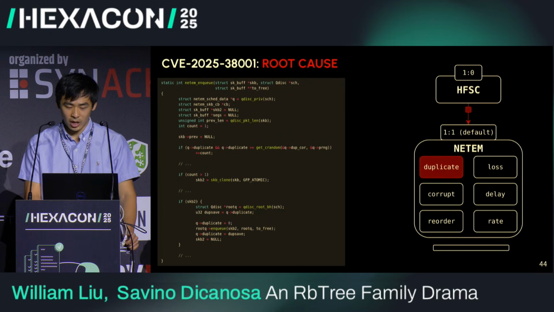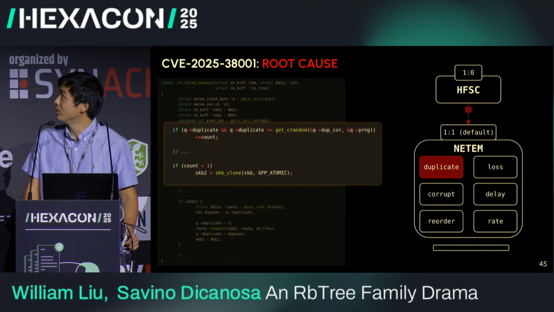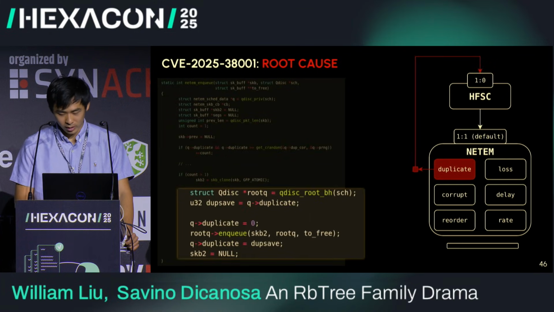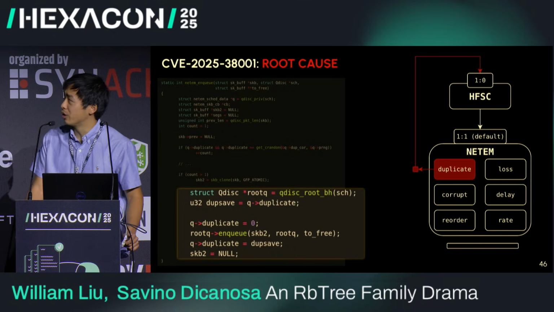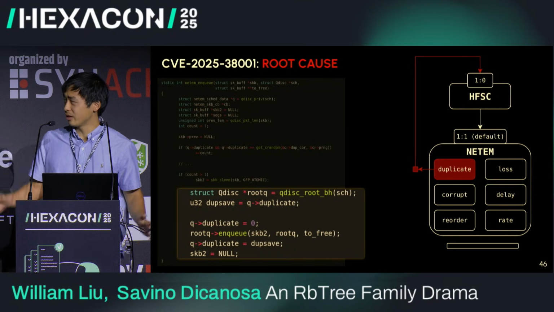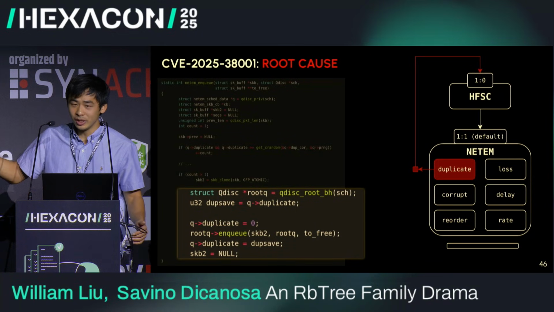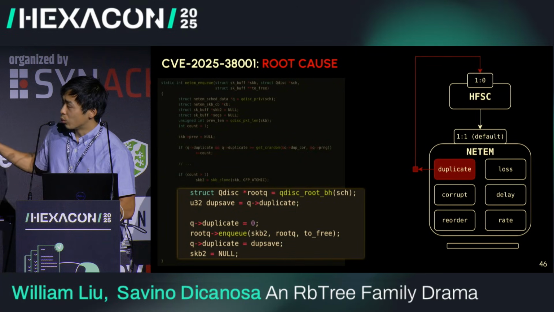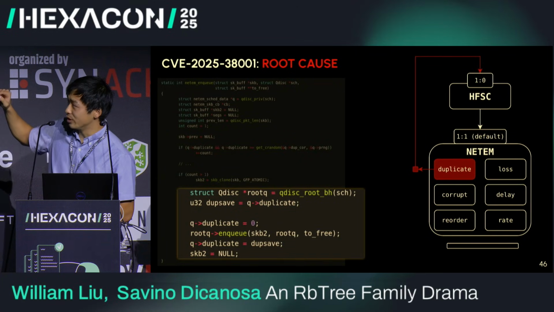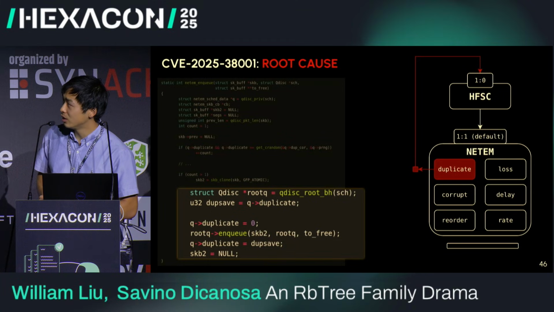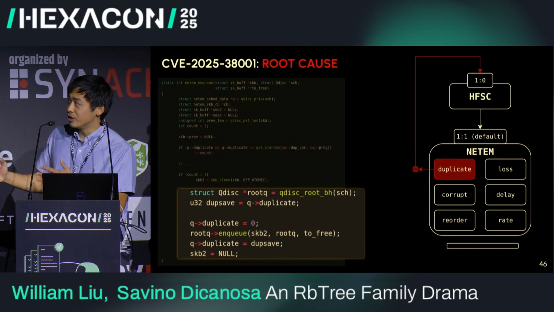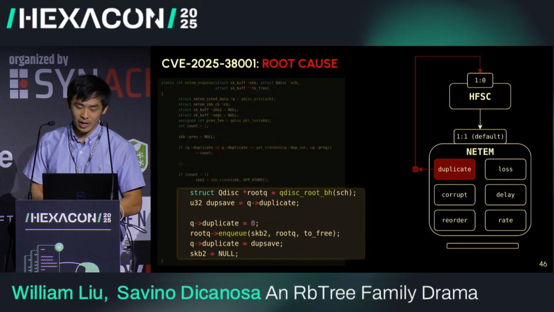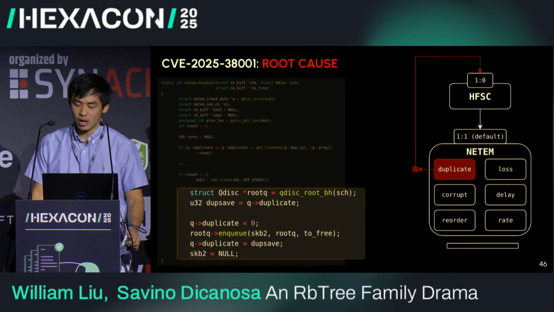And it goes here, because NetEm duplication is enabled, we clone the packet, and we go to this really messy part of the code base that basically globally disables duplication for this current NetEm object, re-enqueues the packet back to the root of the QDisc tree, which is HFSC, and then after that finishes, it restores the original duplication value and then returns back to the caller.